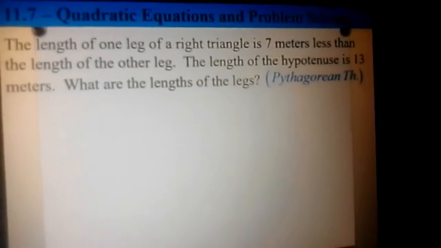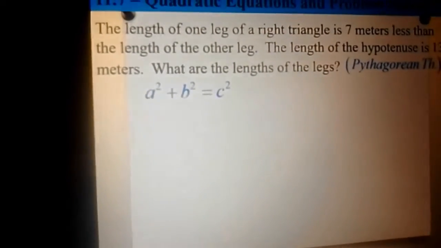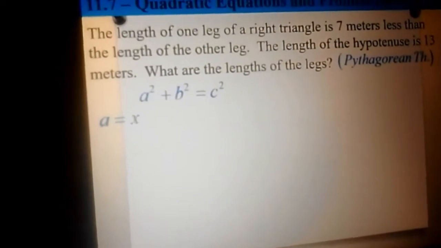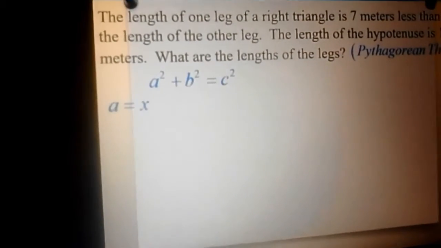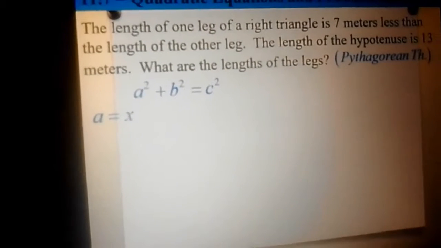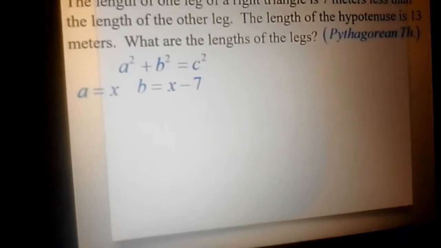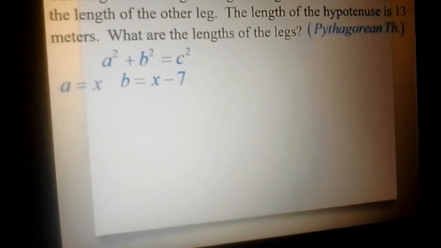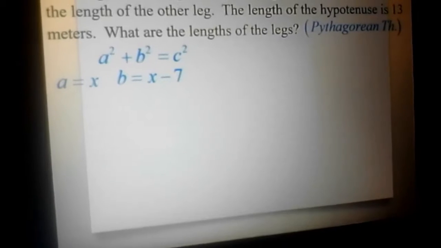So using the Pythagorean theorem, we have a squared plus b squared be equal to c squared. So a is equal to x, which is the length itself, and the other one is b be equal to x minus 7, which is 7 less than the length of the other leg.